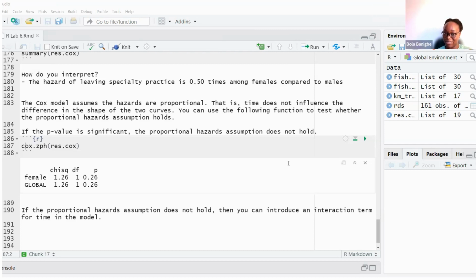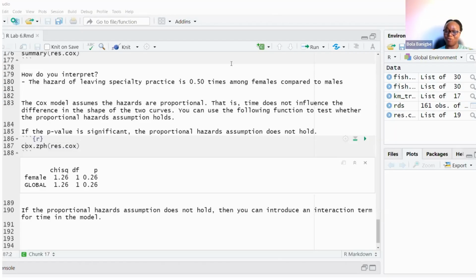But if it is not significant, then we fail to reject the null hypothesis. So in this case, we fail to reject the null hypothesis and so conclude that the hazard ratios are proportional. And so it is okay to use this approach. Is it clear?